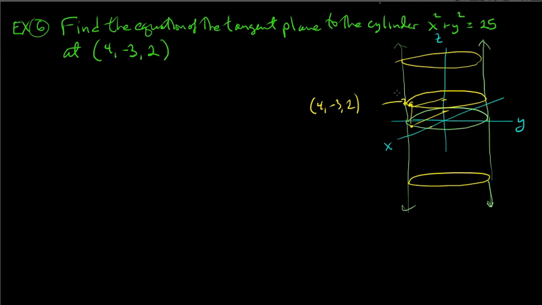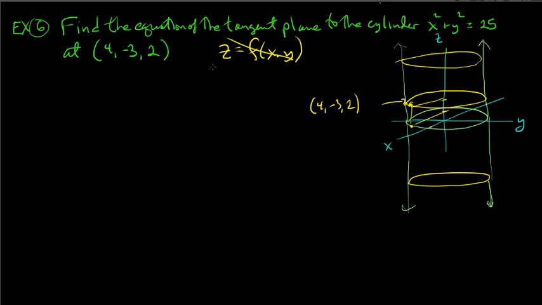So what do we need? Well, we need a point. We have the point, that's given. We just need a normal vector. And of course, you can find it by using the gradient here. That's not a big deal. The problem is, oh, actually, that is a problem because this is not a function of x and y. It's a vertical cylinder.